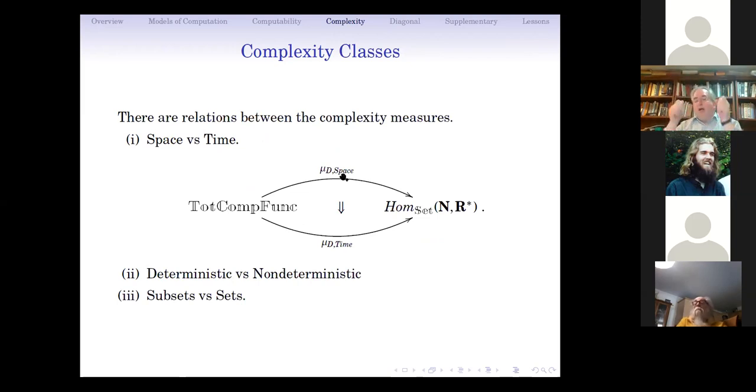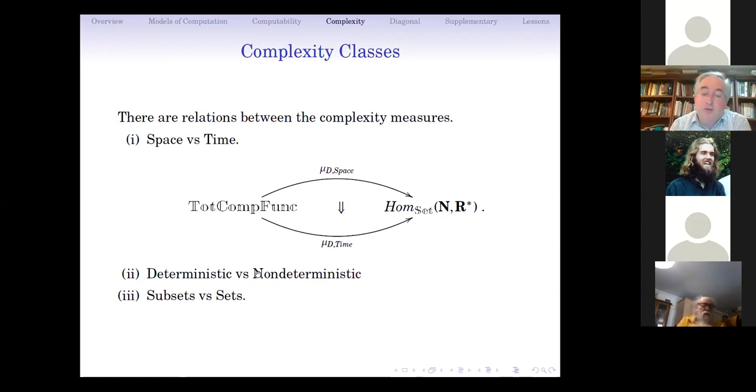If you need 30 boxes to calculate something, then for sure you're going to need 30 time steps, because every box that you use in your Turing machine demands a time step to move from one box to the next. So the amount of space that you use is less than the amount of time that you use.